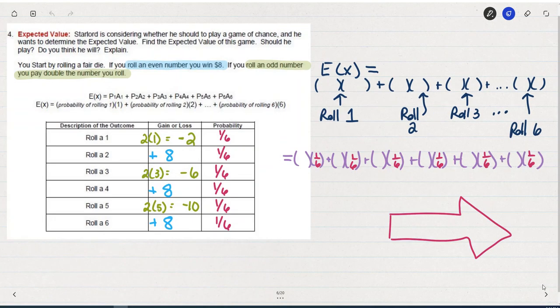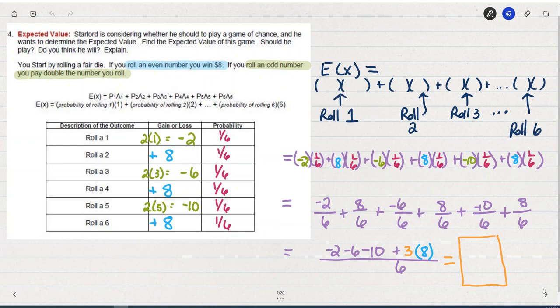So that would look like this when we put the probabilities in, and then when we add in the amounts, we've got negative 2 times 1/6, plus 8 times 1/6, plus negative 6 times 1/6, plus 8 times 1/6, plus negative 10 times 1/6, plus 8 times 1/6. We could multiply each of those, and notice that we end up with negative 2 plus 8 minus 6 plus 8 minus 10 plus 8.